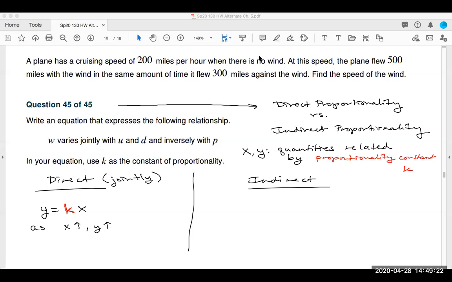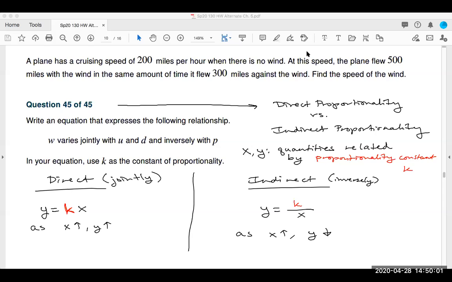And then indirect or inversely, okay, so as x increases, y decreases.